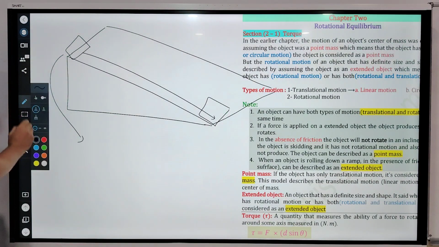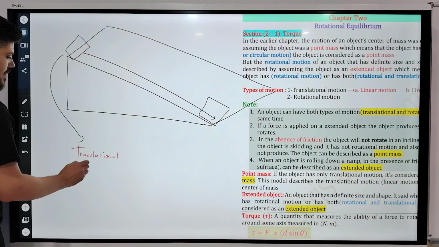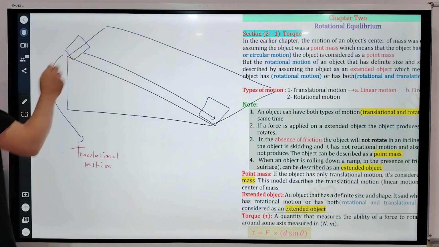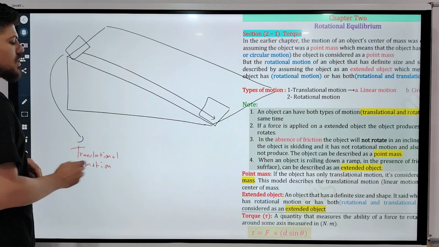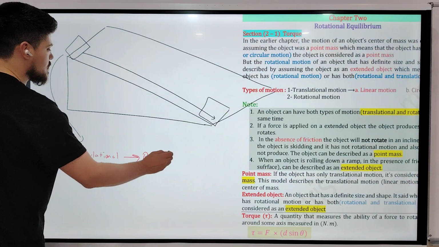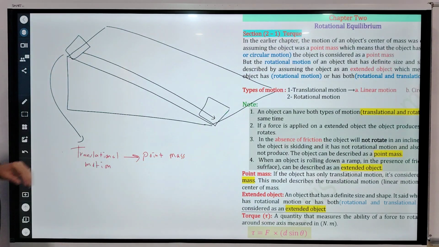So is this object a point mass or an extended object? This is absolutely a point mass. Why? Because it has only translational motion.